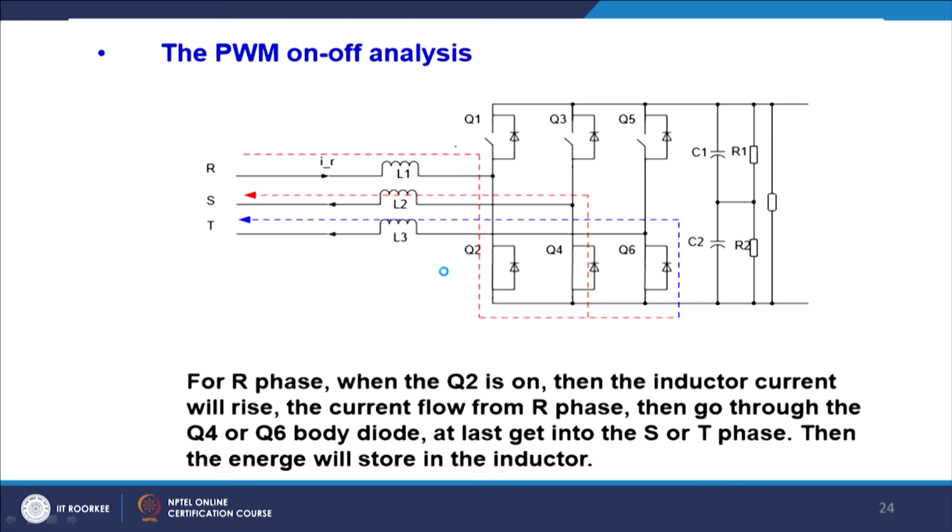I just go by switch. You can see that this is IR, and this Q2 is closed. So, current will flow through it, and assume that all the upper switches are open.